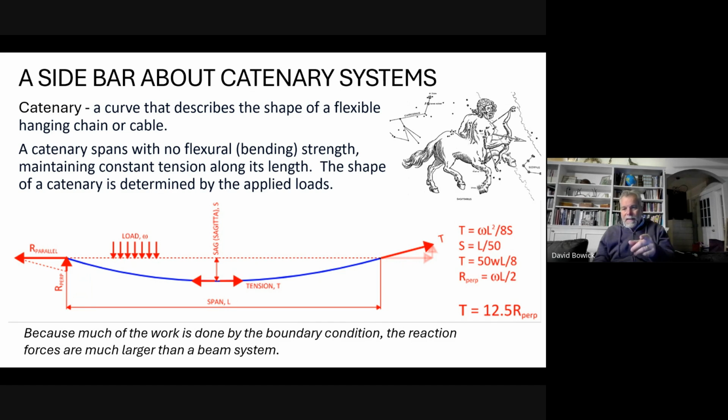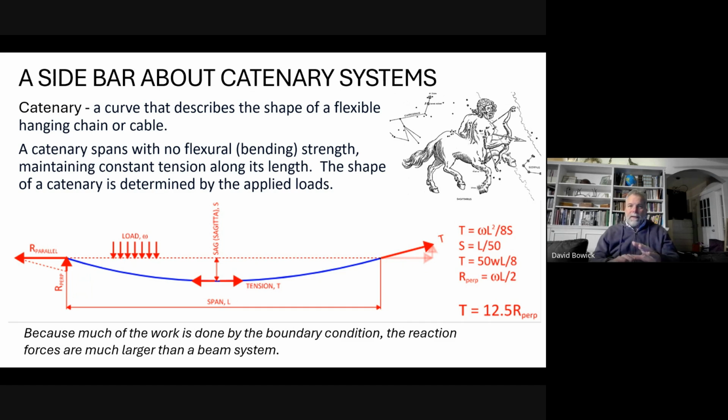And compare that to the tension in the shade sail under load. I apologize, that was a long way to get us to this. The tension in this case, with a sag of L over 50, is 12.5 times the perpendicular load.